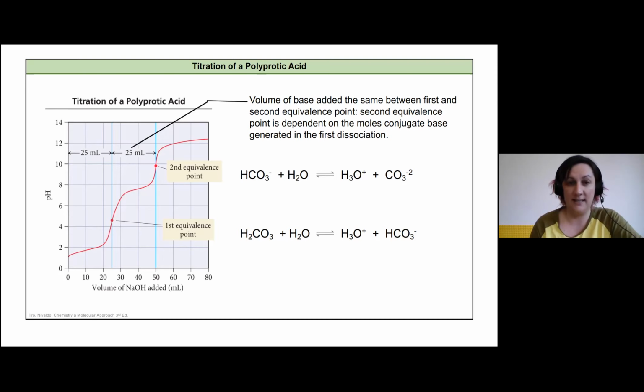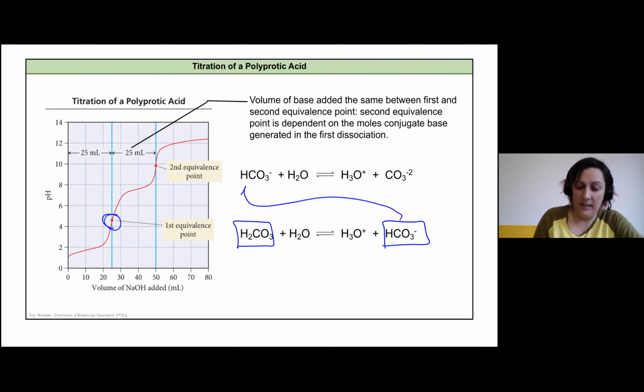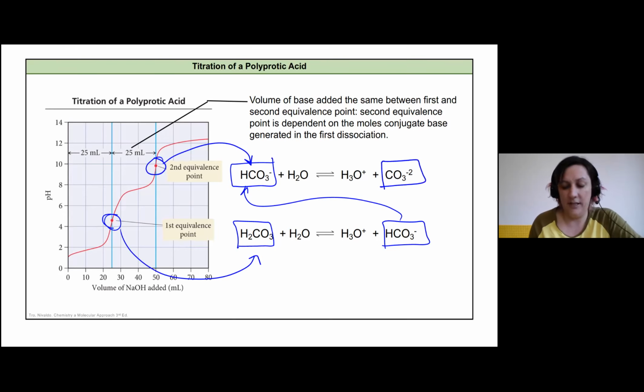It's carbonic acid. And so our first equivalence point right here is coming from the reaction of carbonic acid with water to form bicarbonate. And so it's then the bicarbonate reacting with water to form carbonate ion right here.